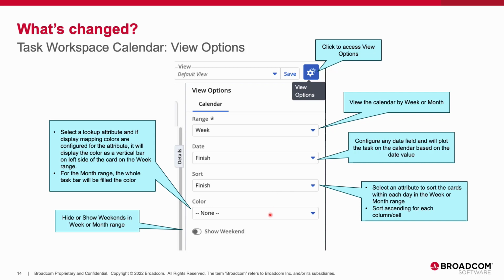Color is based on the lookup you have configured in this field. It will display the display mapping color that's defined within Studio, and if you don't have any display mappings, it will show no color. And lastly, you can toggle on and off to show the weekends within the calendar.